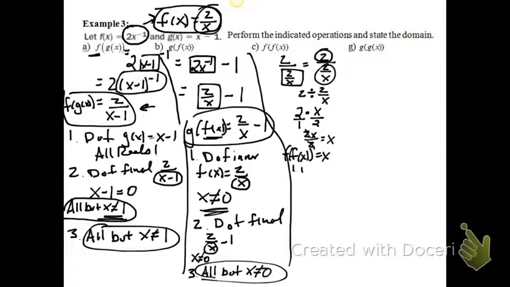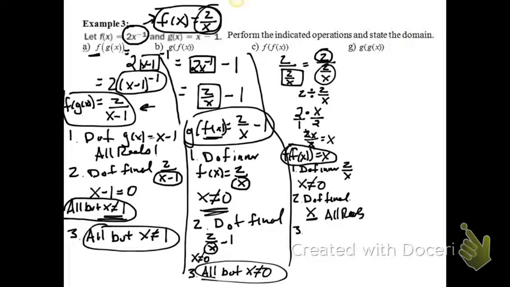Step 1, the domain of the inner, which remember was 2 over x, that's f of x, we don't want to use 0 because we're dividing by 0. Step 2, the domain of the final. The final answer was just f of x, or f of x is just x, and there's no issue there, so that would be all reals.